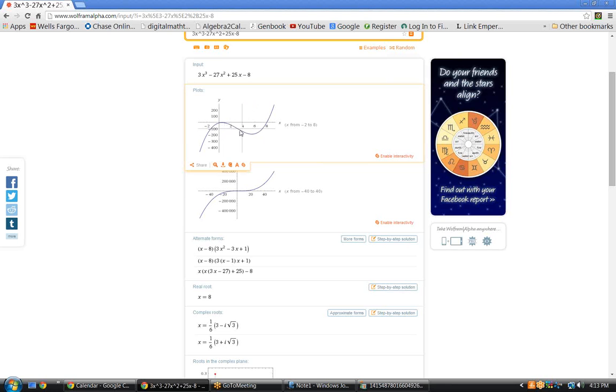We can look at the graph. Clearly there's a 0 at 8. Yeah. Okay, so x minus 8 is one of the roots. But notice their remaining irreducible quadratic is 3x squared minus 3x plus 1. So this should be your answer.